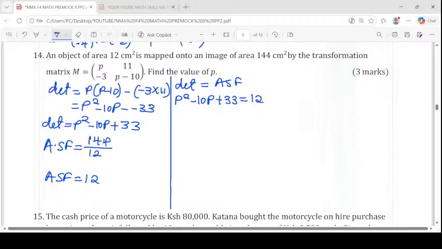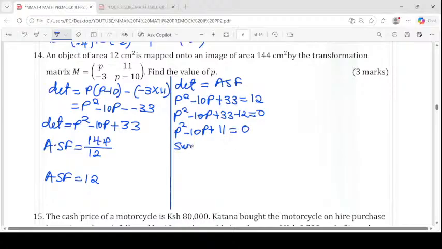Crossing over, we have P squared minus 10P plus 33 minus 12 equals 0. So this is P squared minus 10P plus 11 equals 0.